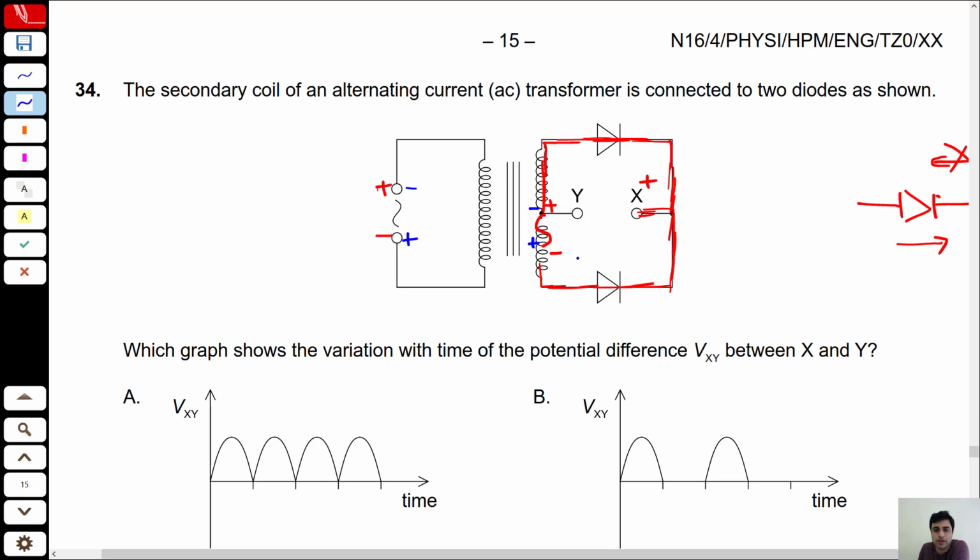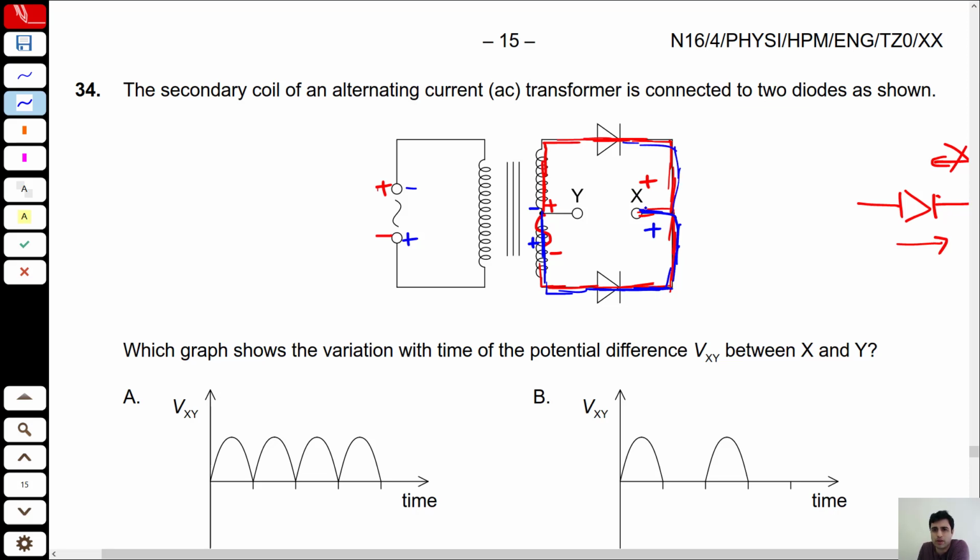So what do you think is going to happen? So this time, the current will actually try to flow downward, and this diode will allow the current to flow here, it becomes positive again, and the current will be blocked here, but the line will still be positive, right?